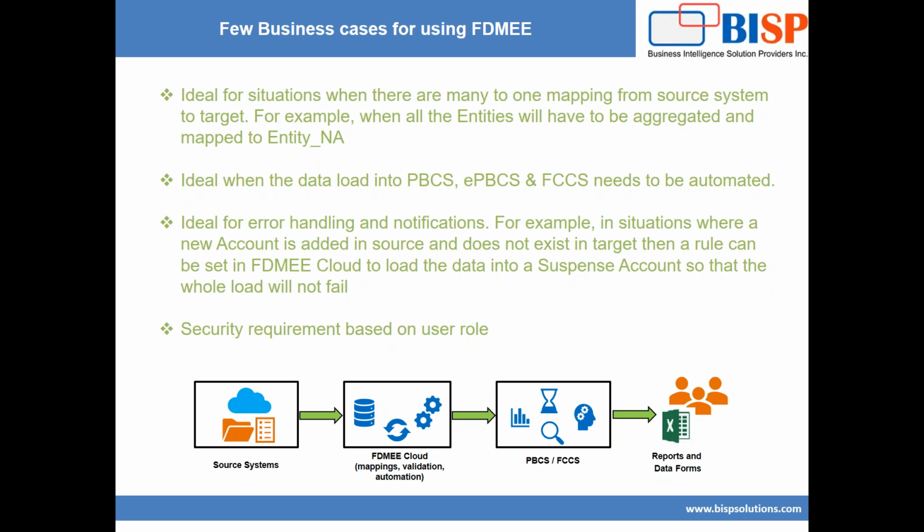In such cases, I can dynamically map them to a suspense account and get the load done, and then later come and check what data got loaded into the suspense account, drill through and back, go through the source files and see the exact records which came into the suspense account. Based on that, add the mapping. What this helps is, it allows your load to be smooth. Even though you have new account members coming in the source file, the load will still be successful without failing, even though you don't have mappings in the system.